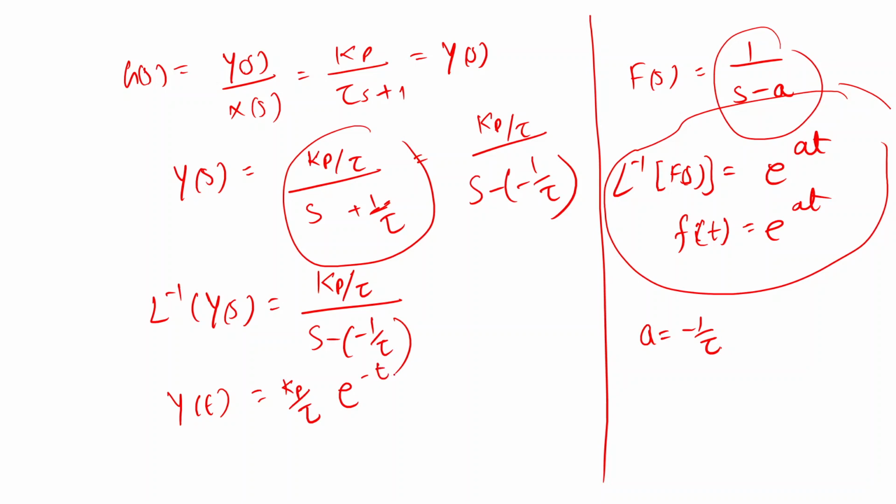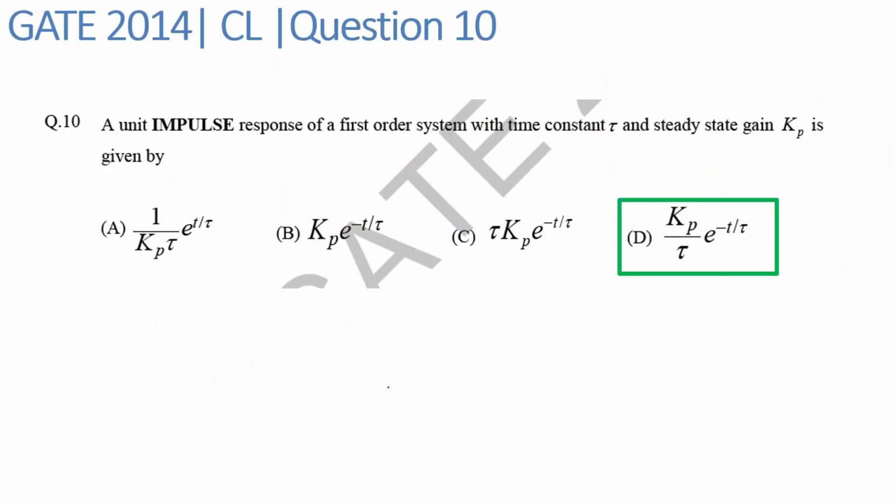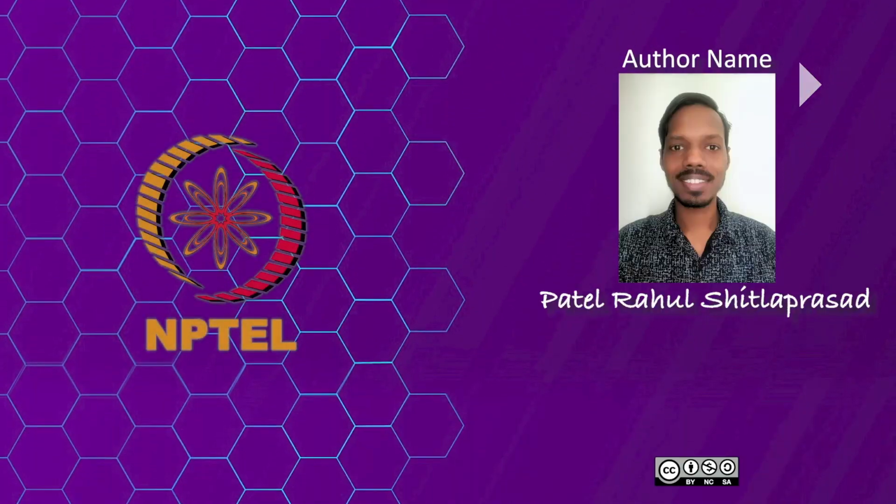It will become e raised to minus t upon tau. So the output response for a unit impulse in time domain is given by Kp upon tau into e raised to minus t upon tau. So from the given options we can select option B as the correct one.